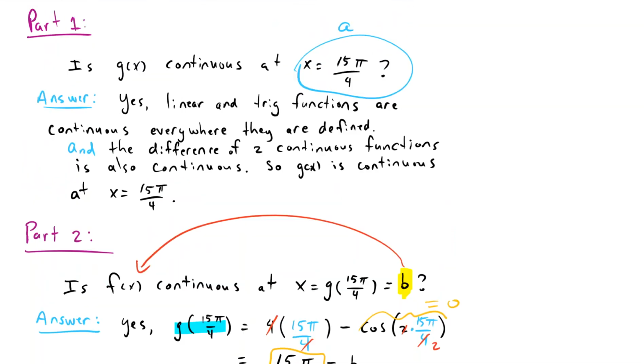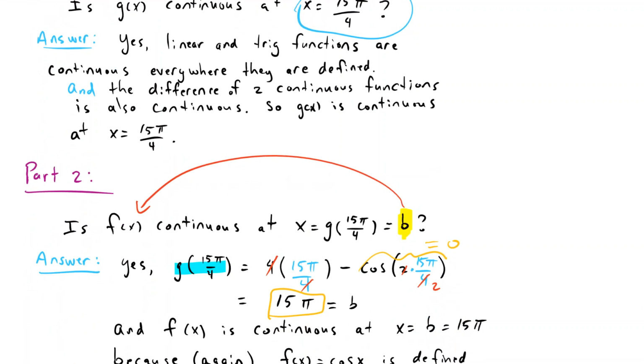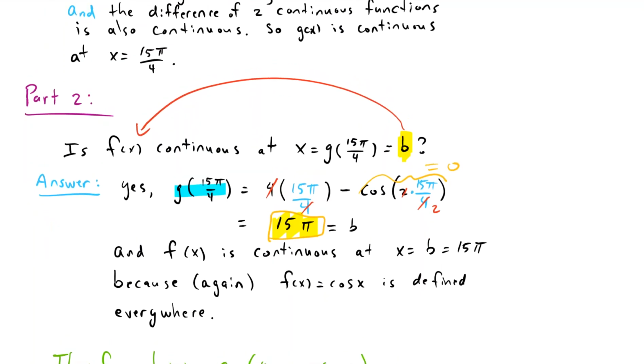So we found out that g is continuous at 15 pi over 4. We plug 15 pi over 4 into g and we get 15 pi. Now we need to find out if f is continuous at 15 pi. Well, again, what is f? f is cosine of x, and we've already established that cosine of x is continuous everywhere.